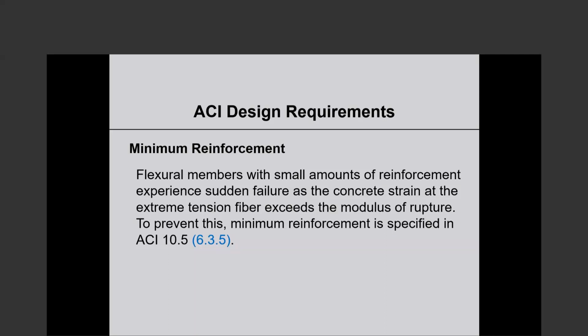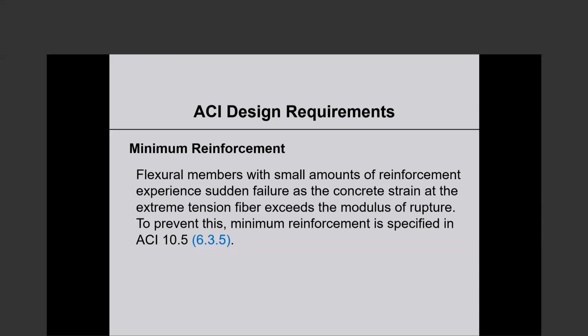This is extremely important. The idea is that a reinforced concrete beam must not fail like a plain concrete beam. A plain concrete beam fails all of a sudden as soon as the first crack opens up. There is nothing to arrest that crack. And we do not want that. We want failure with warning.